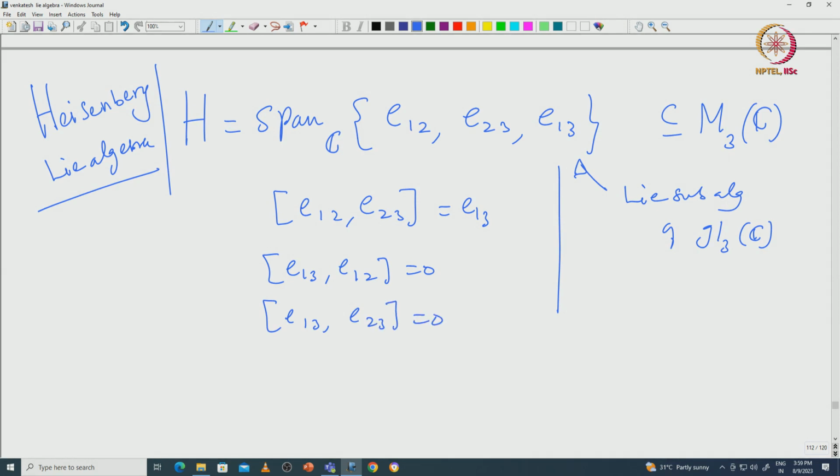So, if you call E12 x, E23 y and E13 z, then these Lie products can be read as follows. The bracket of x, y is z, and z is in the center. Okay.